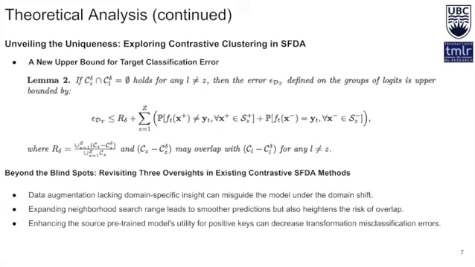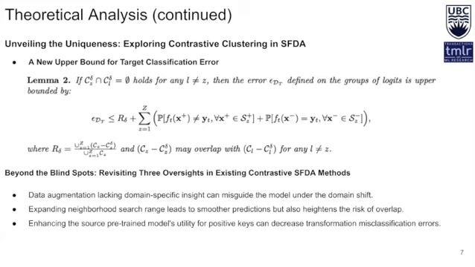Based upon Lemma 2, we come up with three oversights of the existing contrastive SFDA methods. The first oversight is that data augmentation lacks domain-specific insight, which can misguide the model under the domain shift. In this case, both misalignment error terms can be increased.